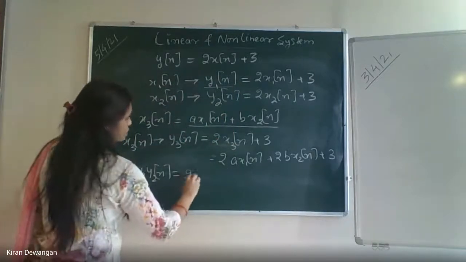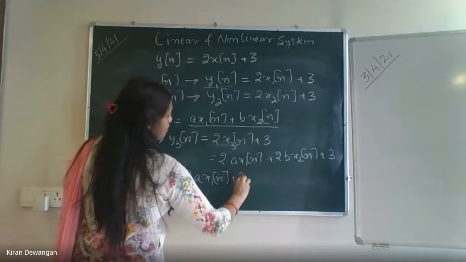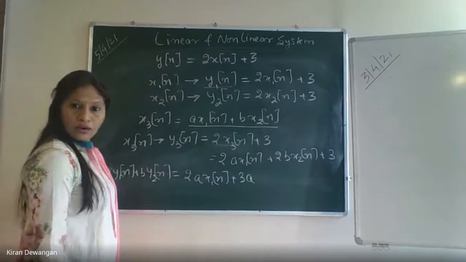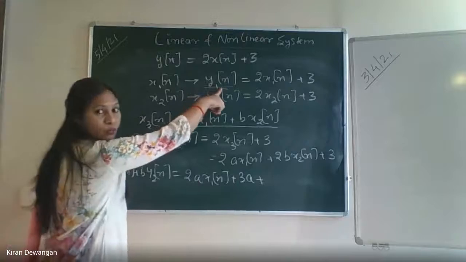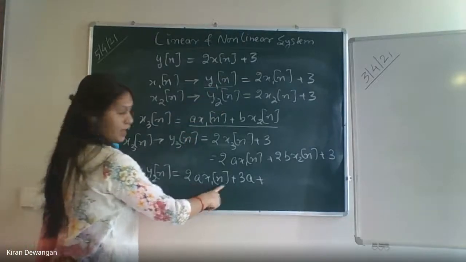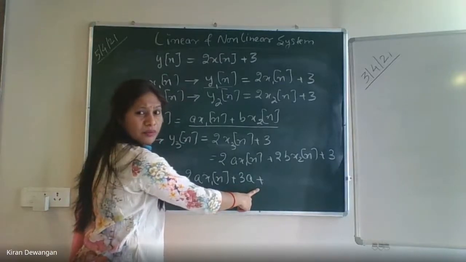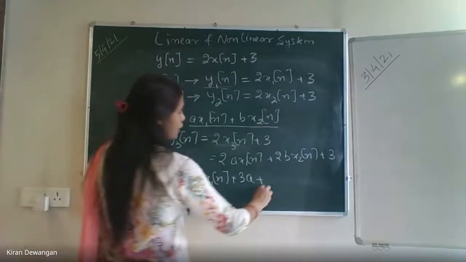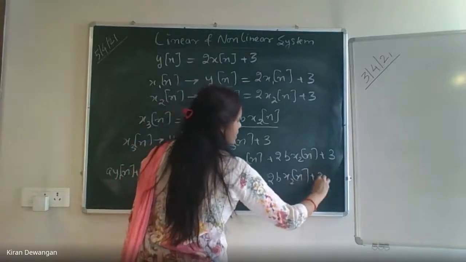This becomes 2a·x1(n) plus 3a. Will it be 3a or not? Because we are multiplying a·y1(n). So this becomes 2a·x1(n) plus 3a. Right? Everyone agrees with me? Is this part clear? Yes, ma'am. Now what do we have to do? We have to take b·y2(n), that means 2b·x2(n) plus 3b.